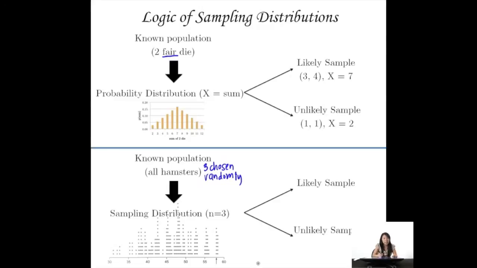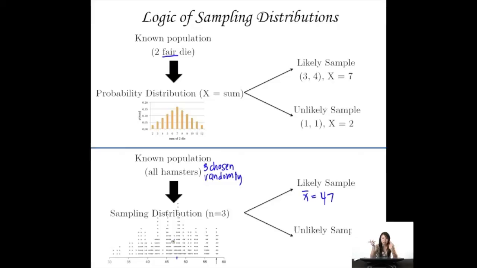And these are all means now, right? Not only that, but we could find a likely sample, which might be something like 47.